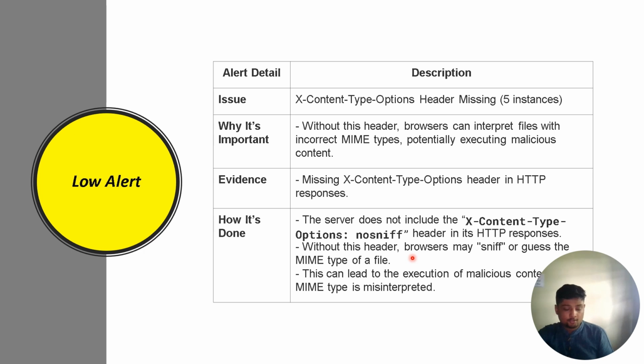For example, if you are uploading an image, there will be a certain data type, and text is another kind of data type. If you do not explicitly mention that within the HTTP response, this can lead to execution of malicious content, as the data type is misinterpreted, or it is openly unbounded, so any data type is acceptable within our server. This makes us quite vulnerable, which is why it's a low-level alert.